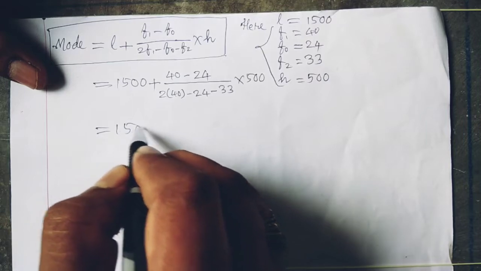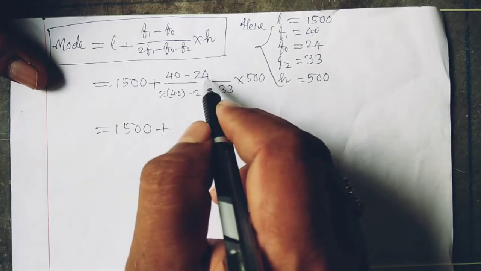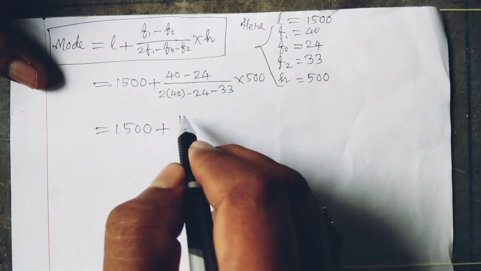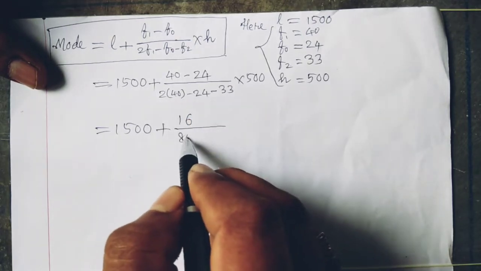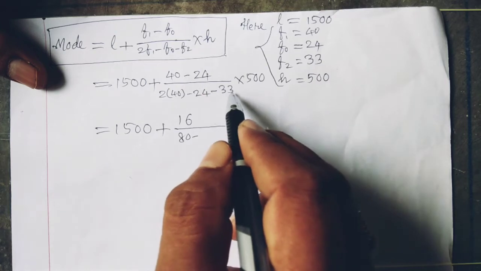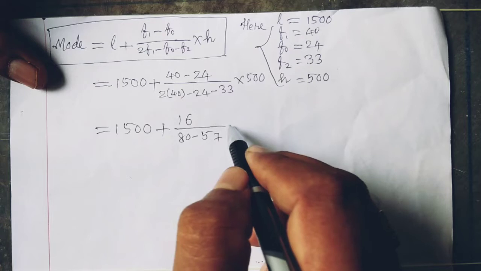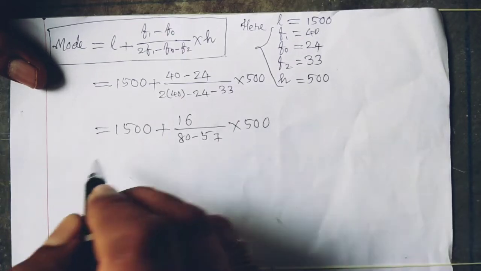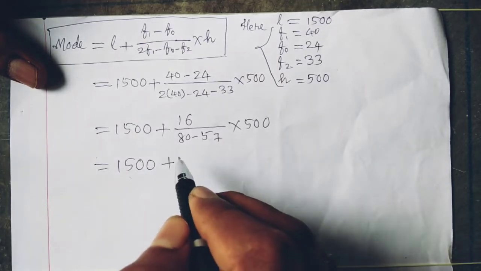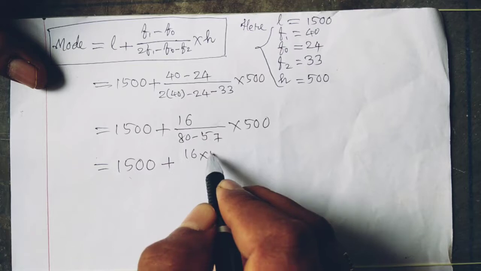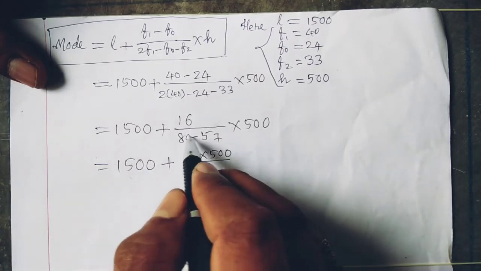We have to simplify this. 1500 plus, 40 minus 24 is 16, by 80 minus 24 minus 33, that is 80 minus 57, into 500. That is equal to 1500 plus 16 into 500 by 80 minus 57.